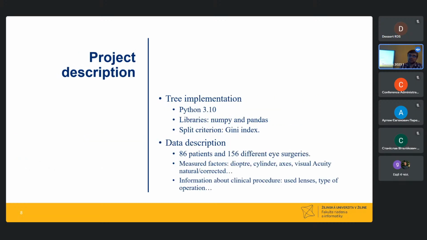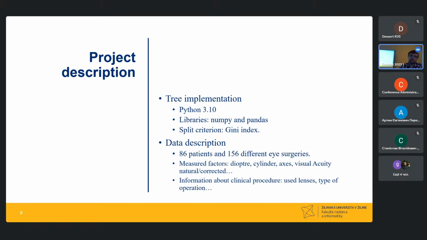And now just a quick description of the project. We implemented the tree in programming language Python. The only third-party libraries we used were NumPy for mathematical operations and pandas for data manipulation. As I mentioned, as a splitting criterion, we chose Gini index, and data for this research were provided by a private eye center in Žilina.